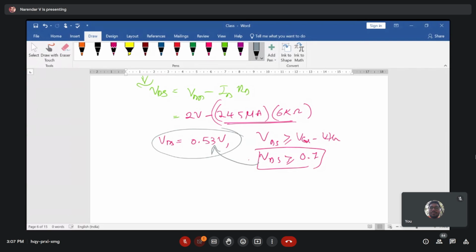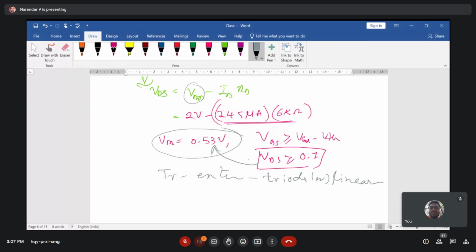Because of this, the transistor enters the triode or linear region of operation, and then you cannot do that. And as we are well aware, as technology is scaled, you cannot keep the VDS value constant.